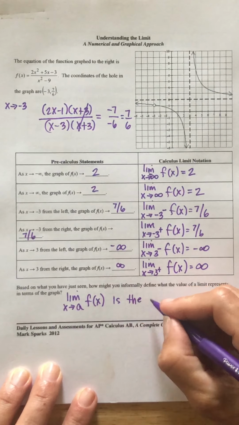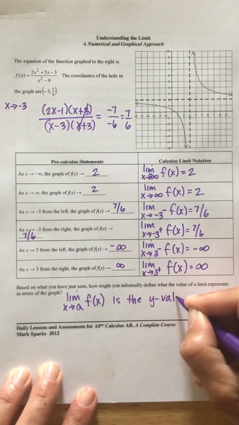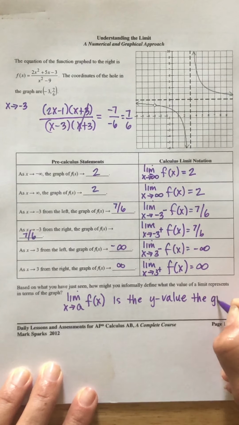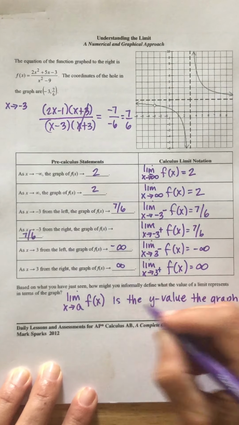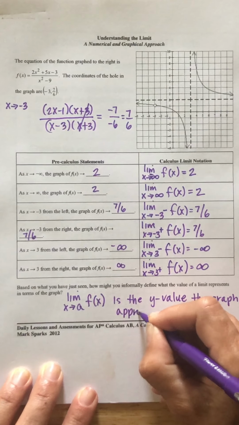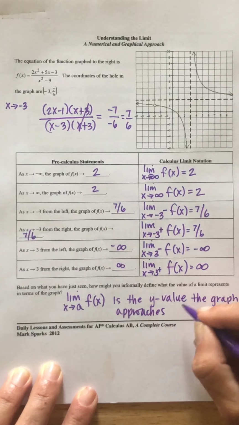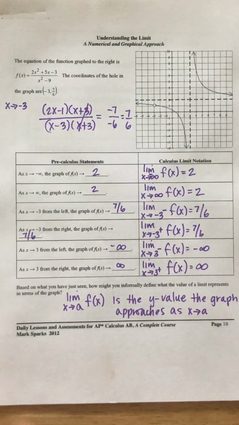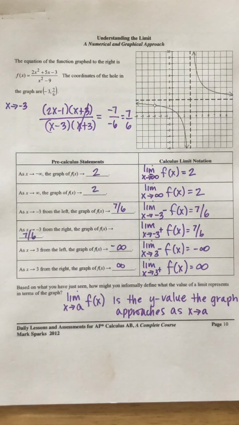So the limit is the y value, right? We know that. Where is y going? The graph approaches. As x goes to some number that they're asking you about, we're talking about the y value, okay? So first page done, not too bad.